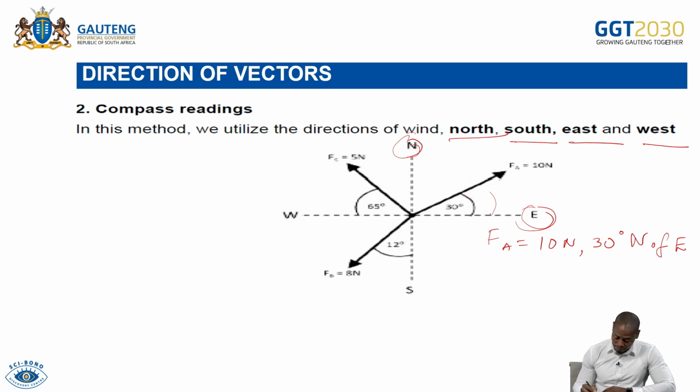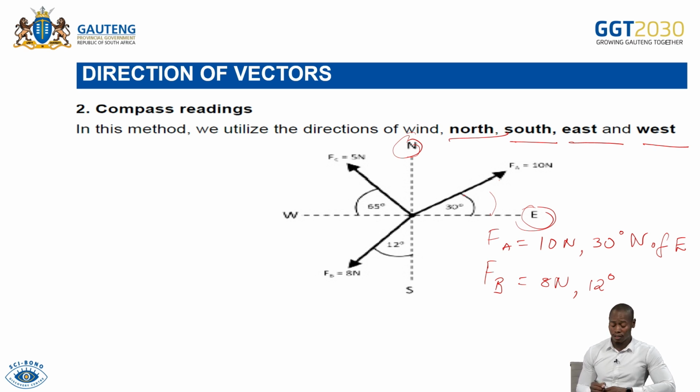FB equals 8 newtons. What is the angle given there? It is 12. But that 12 is between your FB and south. So we are counting 12 degrees from south to that FB.